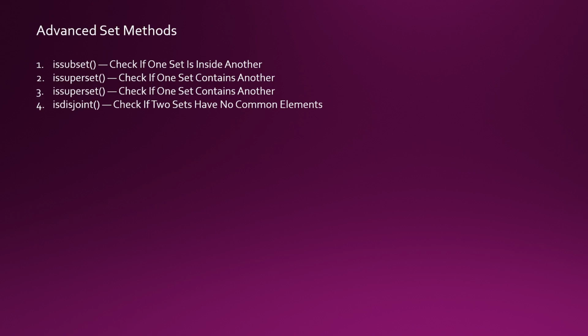There are a few more advanced set methods that are extremely powerful in real world applications. First one is subset. It checks if one set is inside of another set. For example, if we write A equal to 1, 2, this is one set, and B equal to 1, 2, 3, 4 is another set.